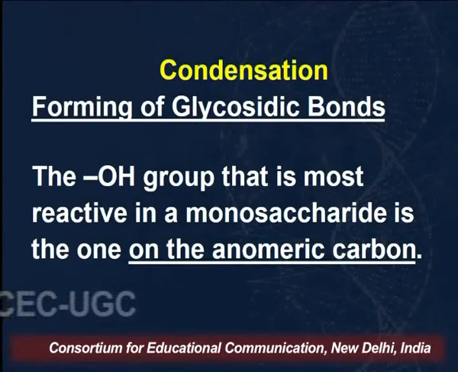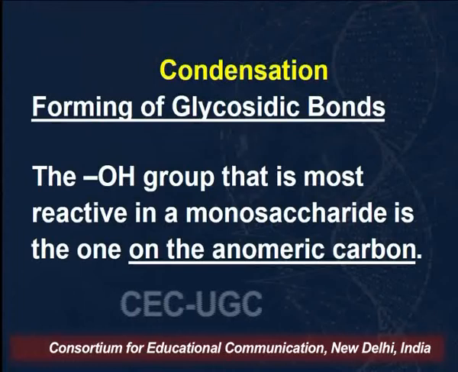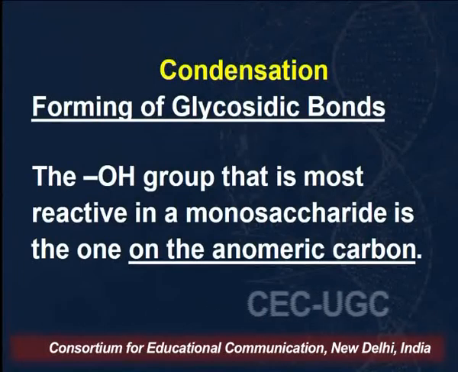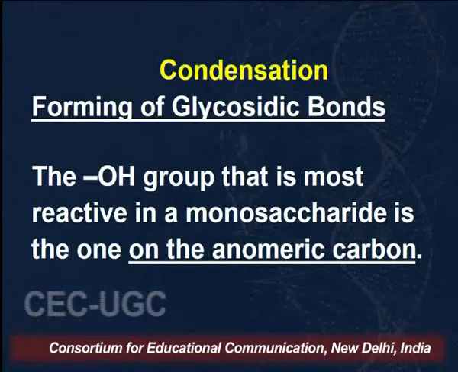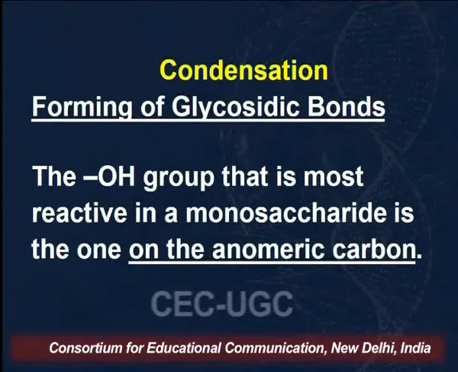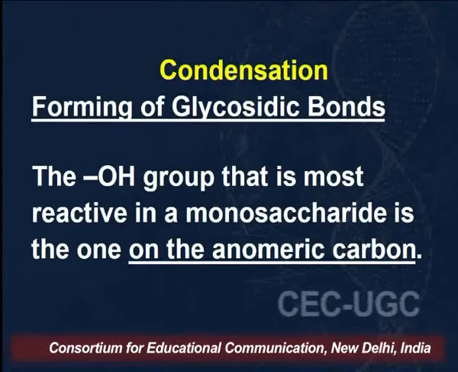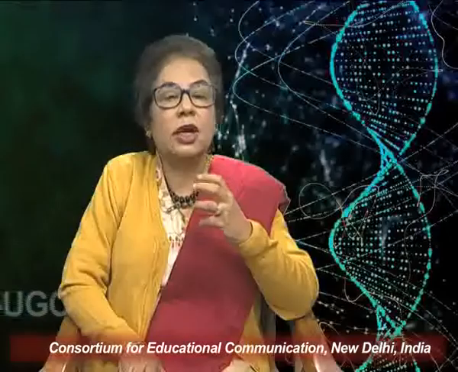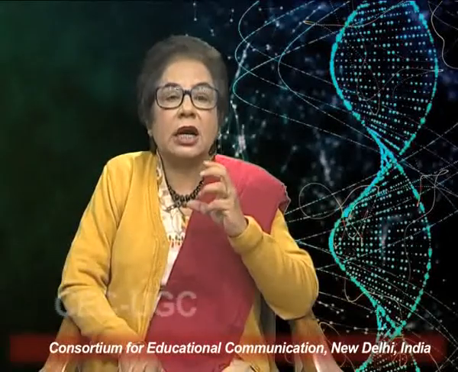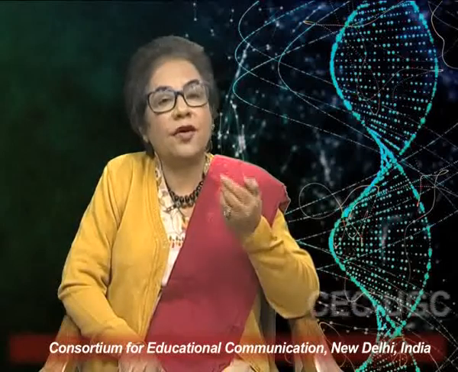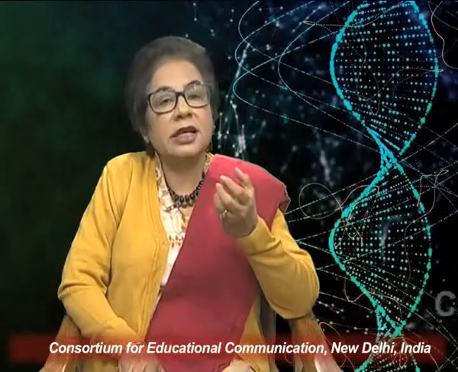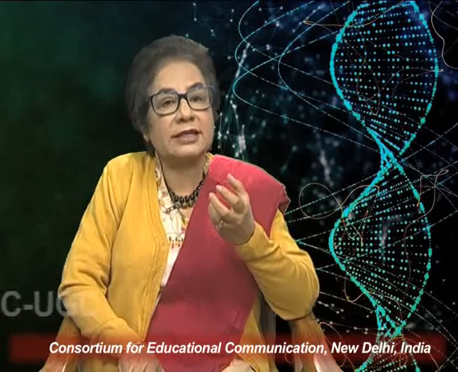So what happens during glycosidic formation? The OH group that is most reactive in a monosaccharide is the one which is on the anomeric carbon, and this OH group is there because of the intramolecular reaction between the carbonyl group and the OH group on the fifth carbon, resulting in the formation of hemiacetal.